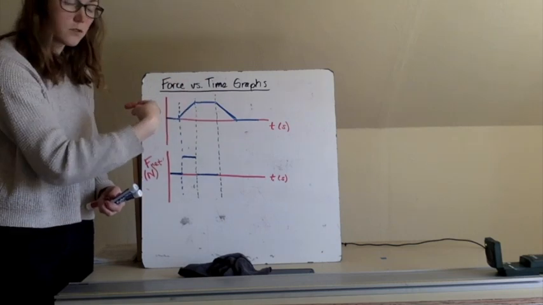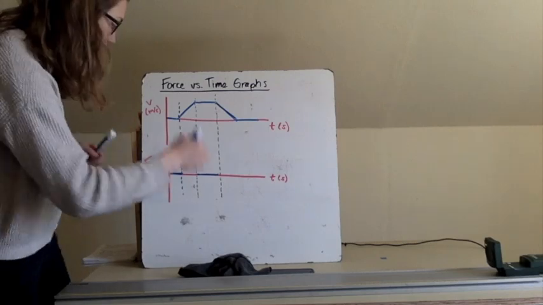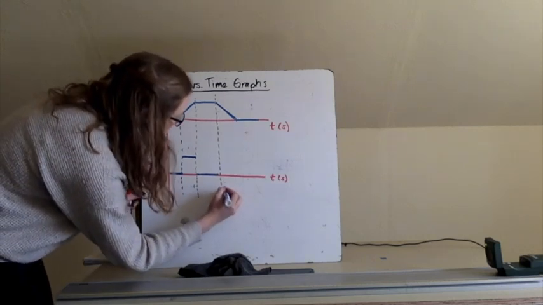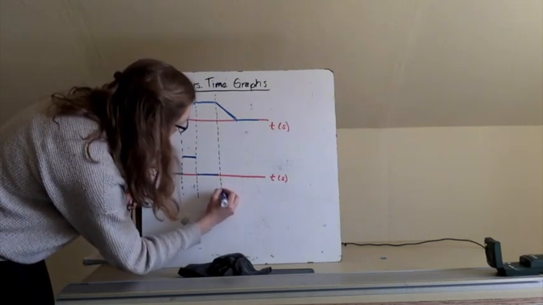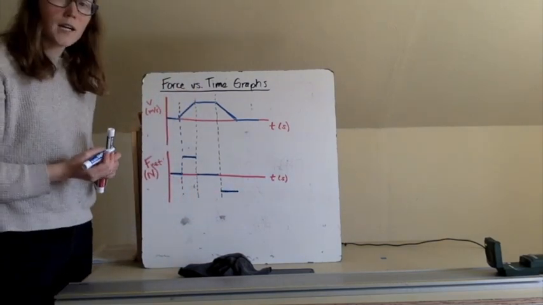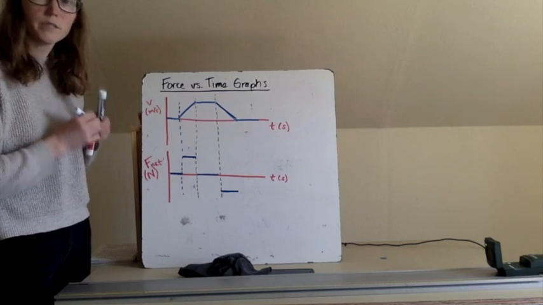That would be the negative direction. So where we have to put our line on this force time graph is down in the negative part of this force axis. And again, it's just going to be a flat line because we see it's a constant rate of slowdown. So it's a linear decrease there.